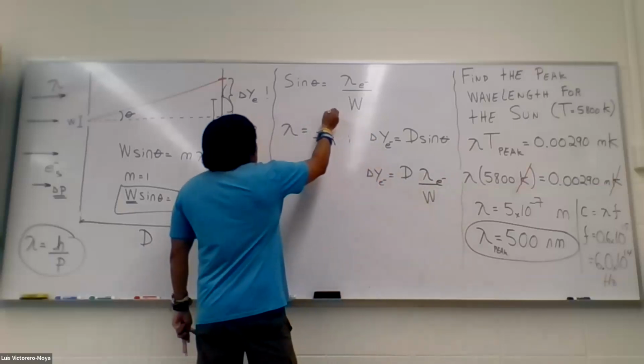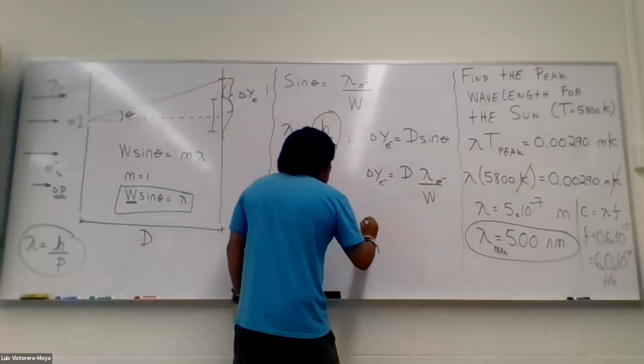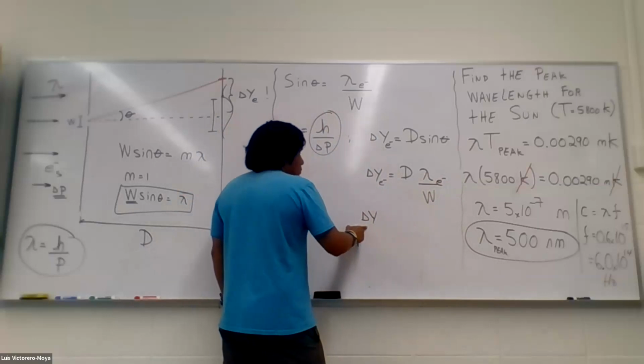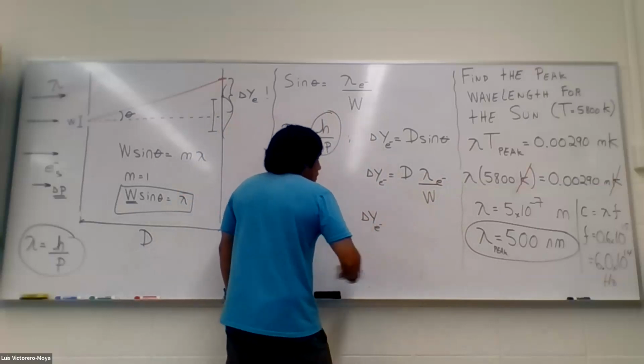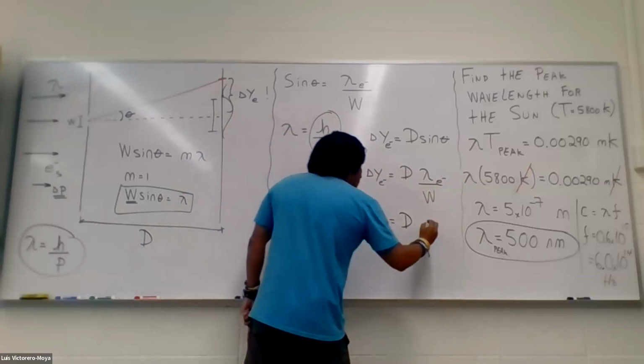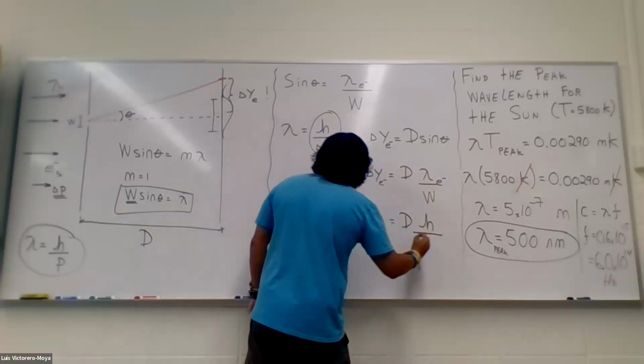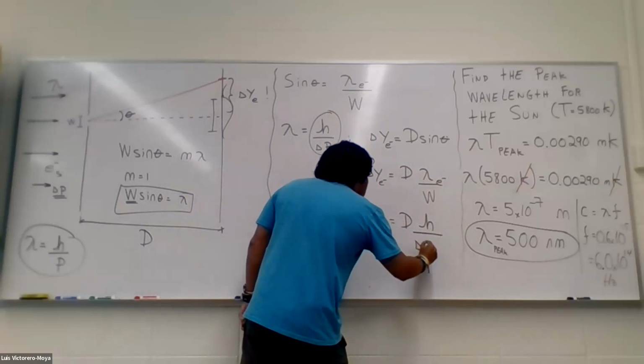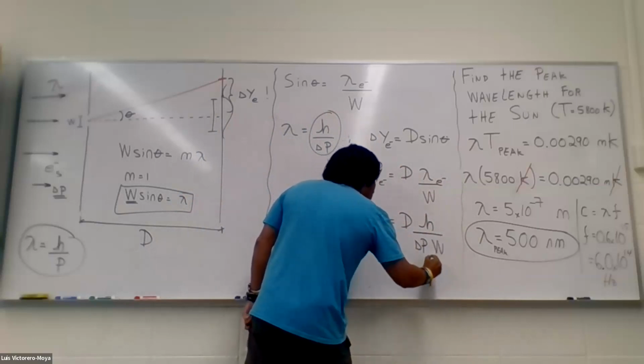But lambda is this. So delta y, the position of the electron, is equal to d h over delta p w, delta p of the electron.